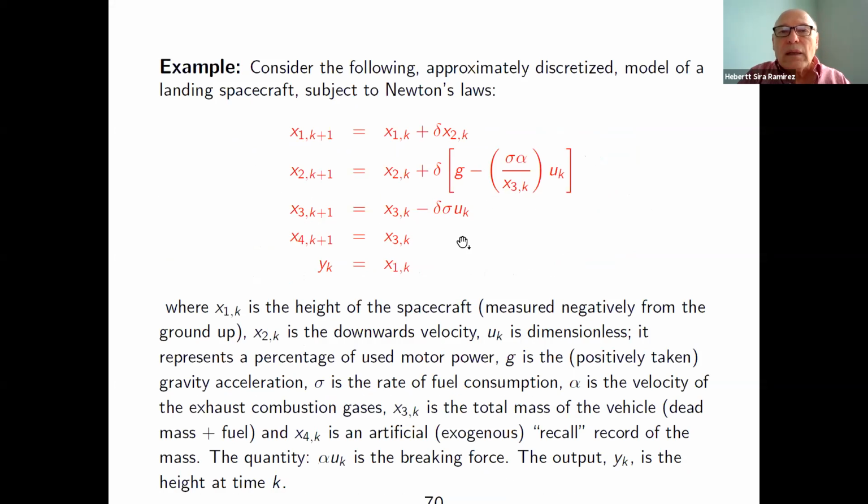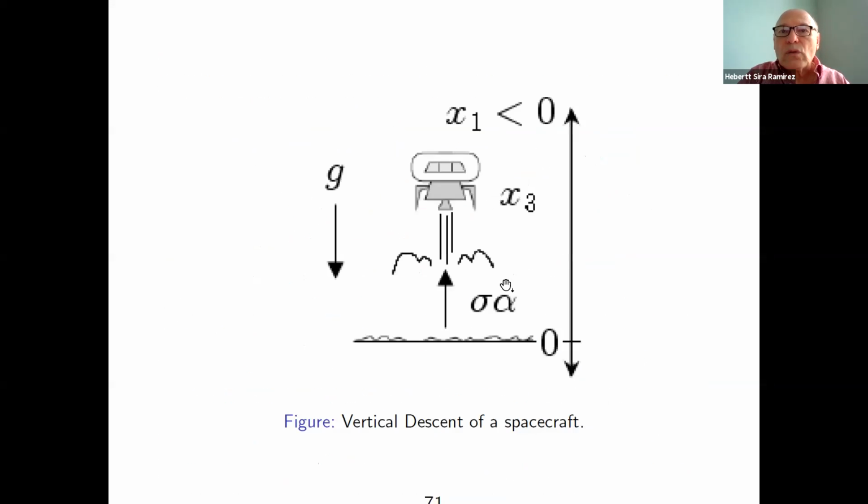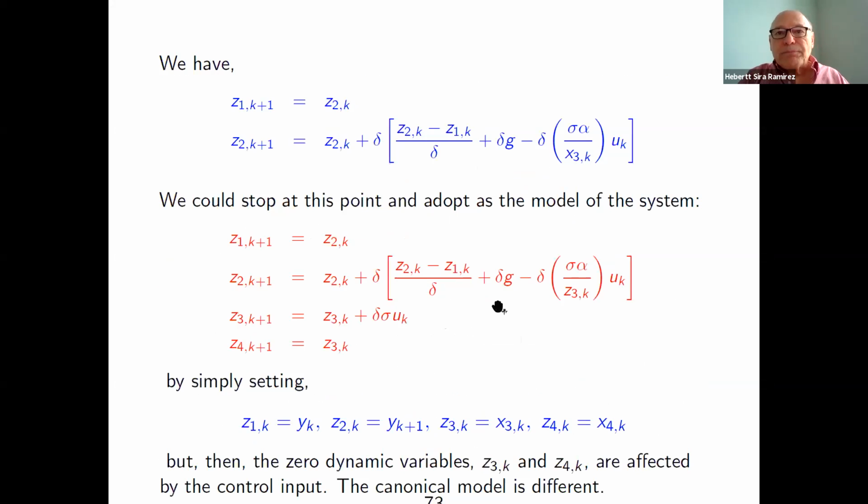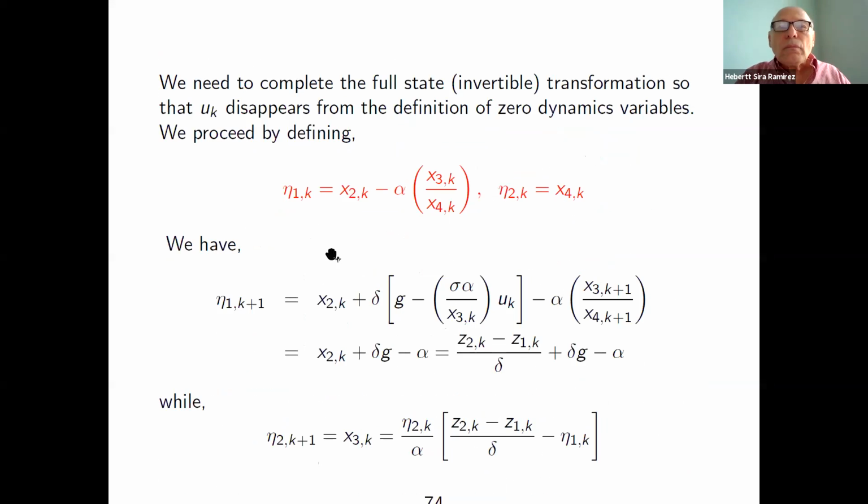And x4 can be left alone, except that if x3 is changed, then x4 has to be changed. And that can be done. So for instance, we can define eta 1 as this combination of x2 and x3 through x4. If we do that, and we retain x4 as the second variable for the zero dynamics, eta 1 and eta 2 are going to be the variables attached to the zero dynamics.